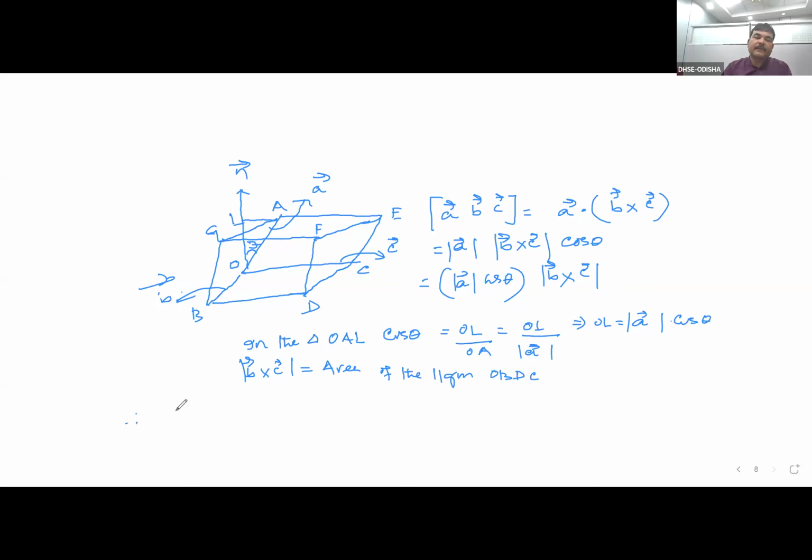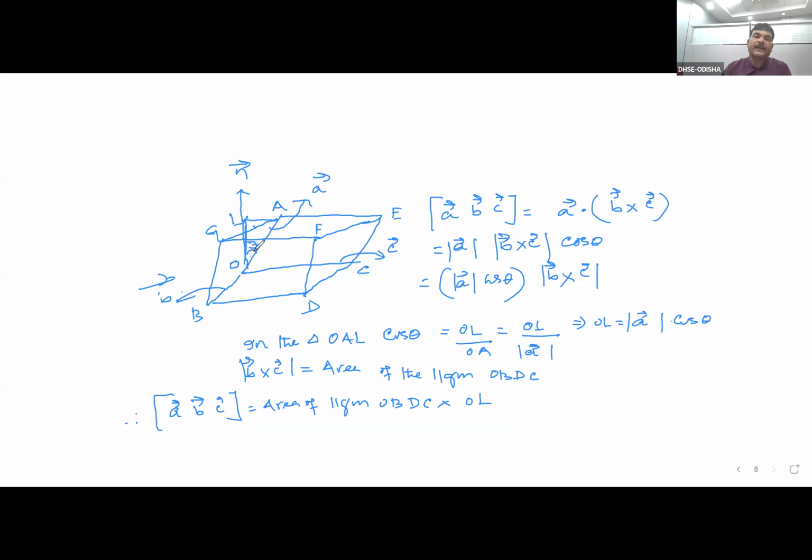Thus, box product ABC is equal to area of parallelogram OBDC into mod A cos theta, which is OL. So area of the base, this is the base, into height. OL is the height.